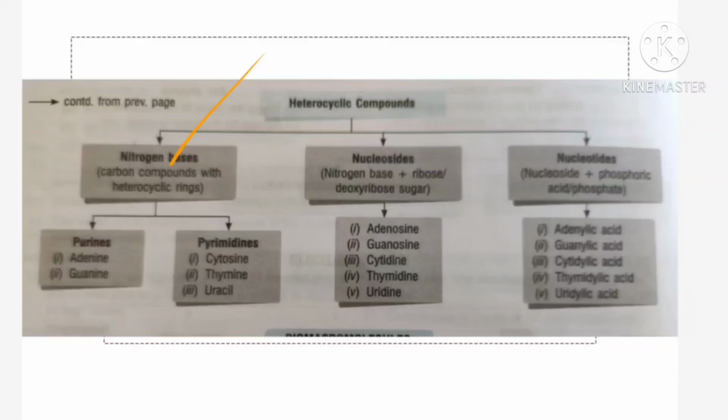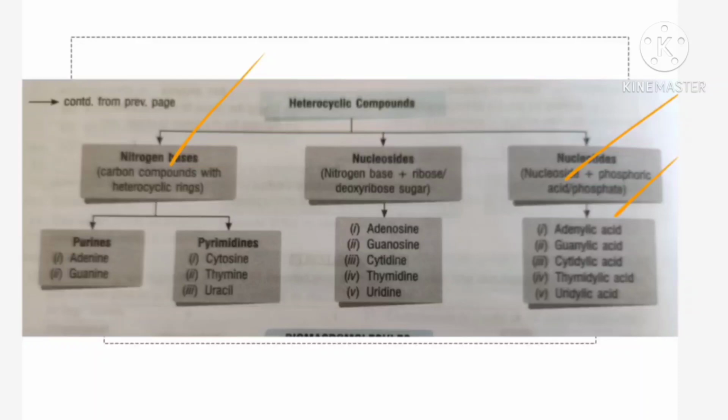Now, nucleoside, when these nitrogenous bases combine with sugar, they form nucleoside. And when this nucleoside, that is the nitrogenous bases with sugar, combines with phosphorus, phosphoric acid or phosphate, then it becomes what? They become nucleotides. Adenine, if it is forming adenosine, if it is combining with phosphorus, it becomes adenylic acid.